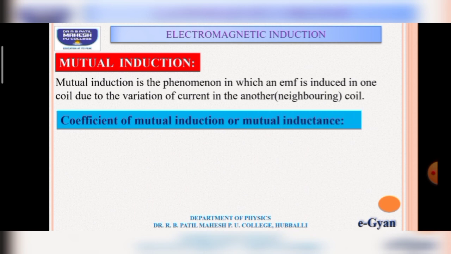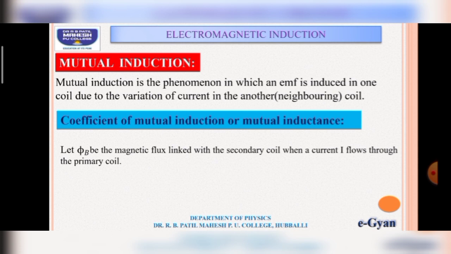Next, coefficient of mutual induction or mutual inductance. Let phi be the magnetic flux linked with the secondary coil when a current I flows through the primary coil, and it is found that phi is directly proportional to I. That means flux increases when there is an increase in the current.